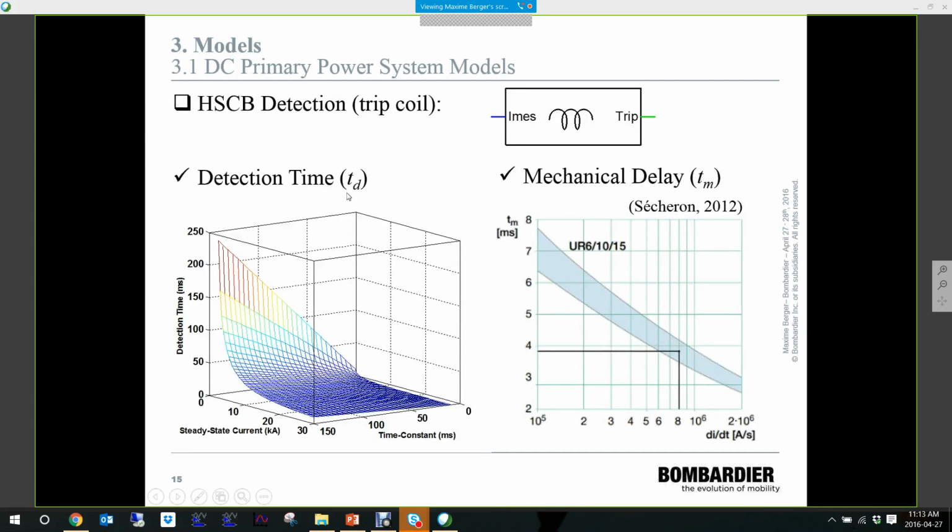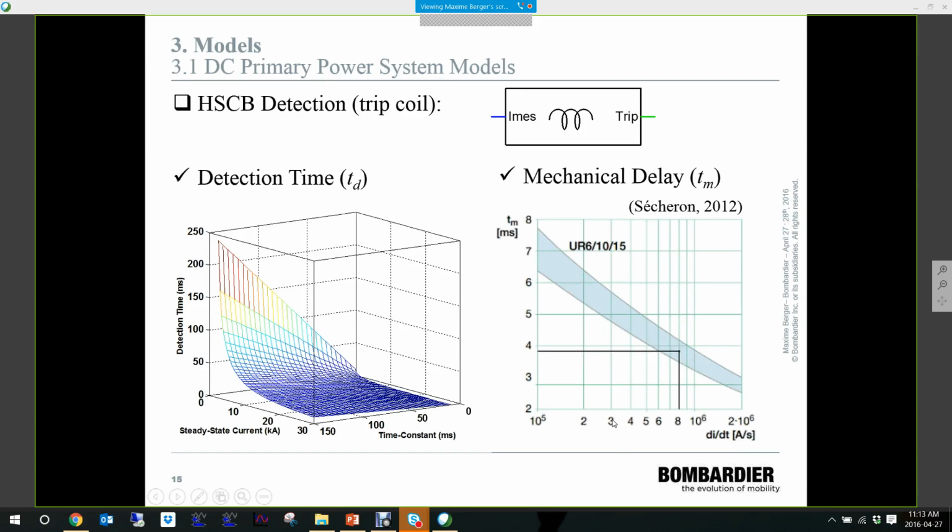So here, as can be seen on the figure on the left, the detection time of the high-speed circuit breaker decreases with the prospective current for an equivalent first order model, and it increases with the time constant of the circuit.